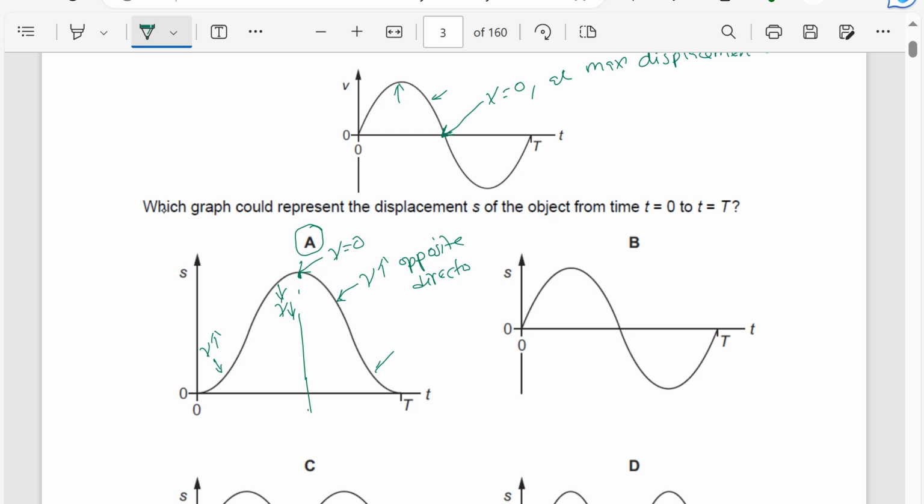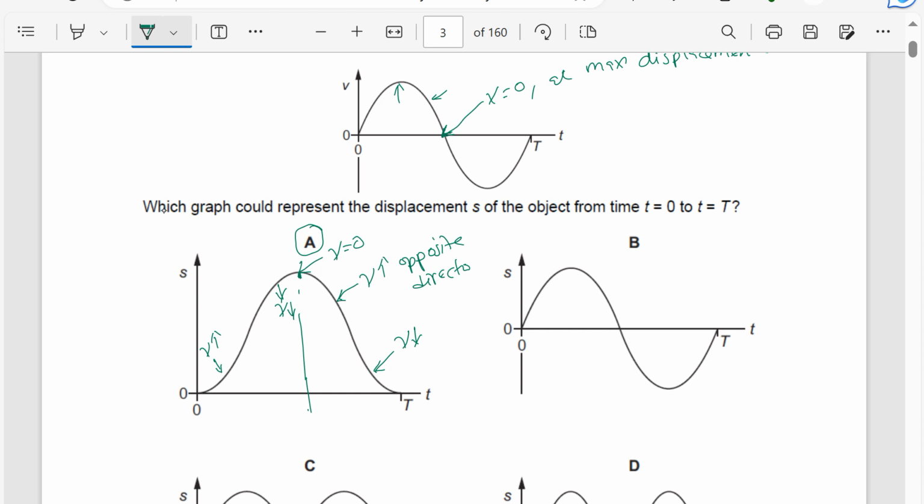When I reach this part here, you see that the line is becoming almost horizontal, so the gradient is decreasing. So v is decreasing, but still in the same opposite direction. So when you look at this graph, first part, v is increasing, then it decreases, it becomes constant.